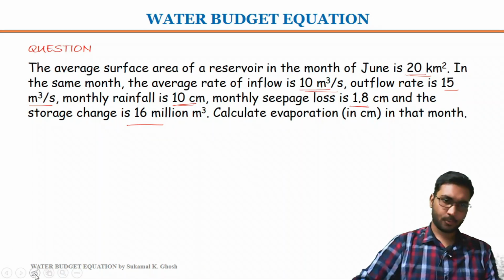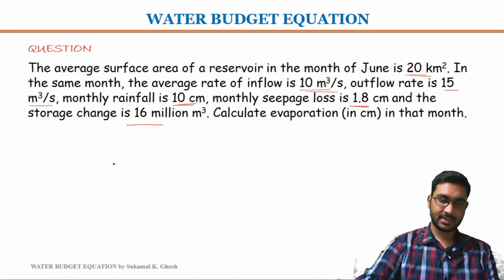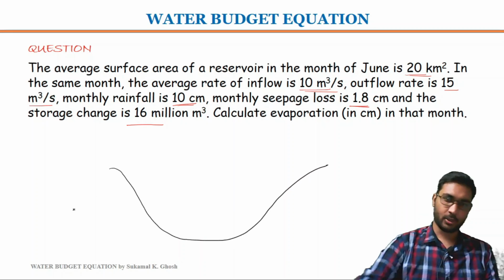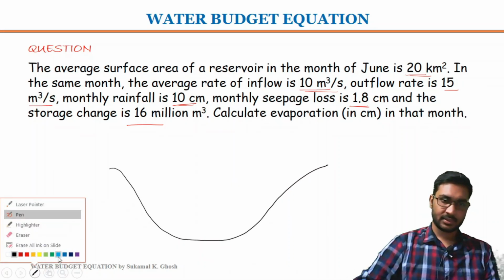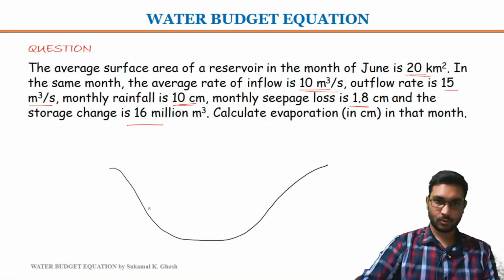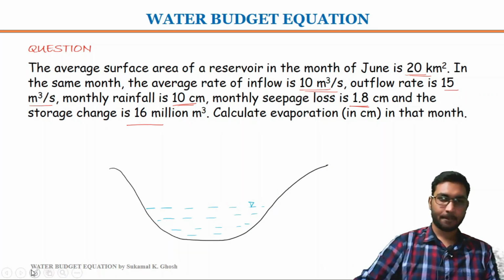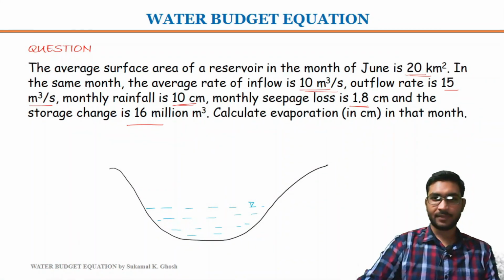So suppose this is a water body. This water body has some amount of water, this is the initial water table maybe, and it has an inflow of 10 meter cube per second.